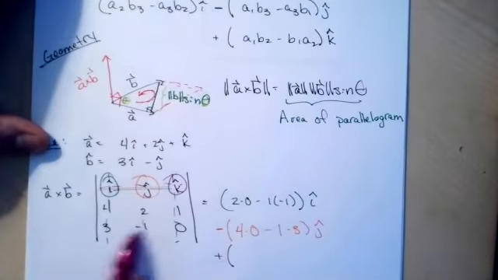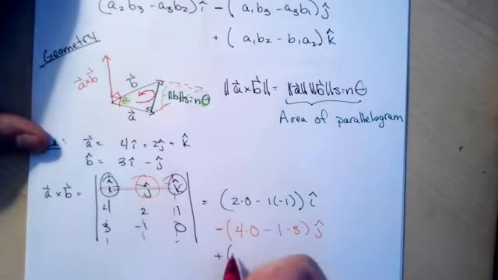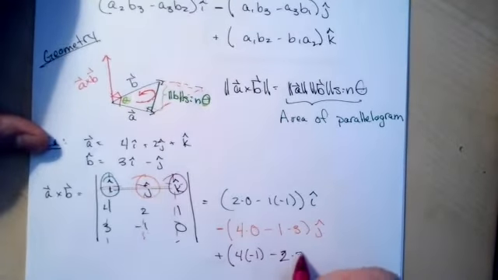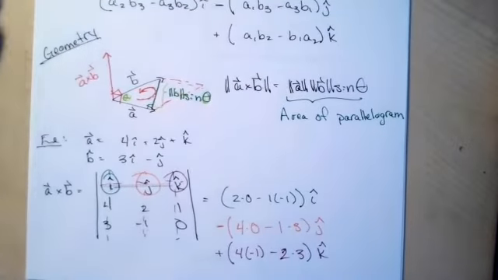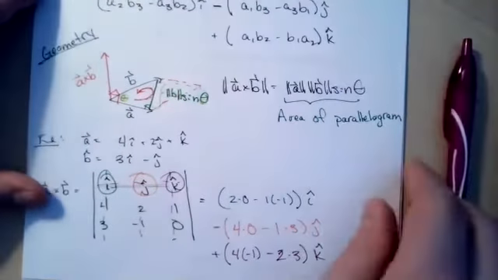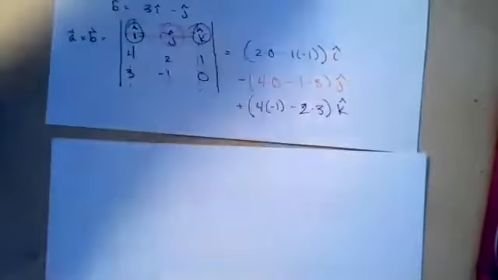And then the matrix that results is our first 2 columns. So we'll have 4 times minus 1 minus 3 times 2, 2 times 3 in our K direction. So simplifying that, let me see if I can get this on the screen here.